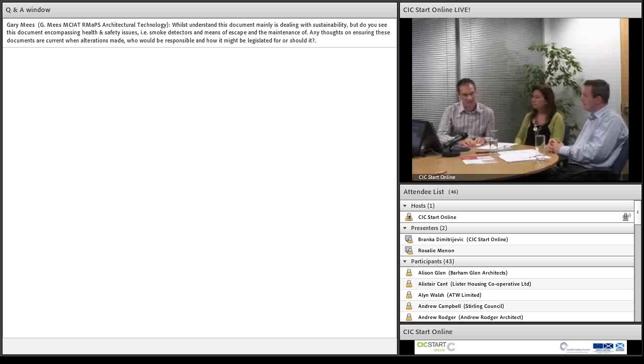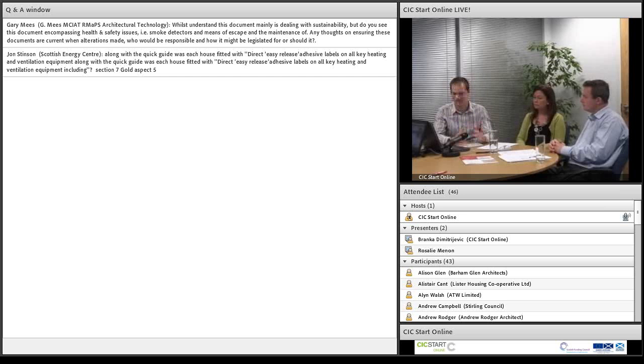I'll answer that from the starting point of this. The starting point was that this research we did for the Scottish Government, and they were quite clear that this was about sustainability, because we had a very protracted discussion about whether health and safety, whether things such as houses have fire escape windows identified as part of the design process, but they are not identified to the people who live in them necessarily.